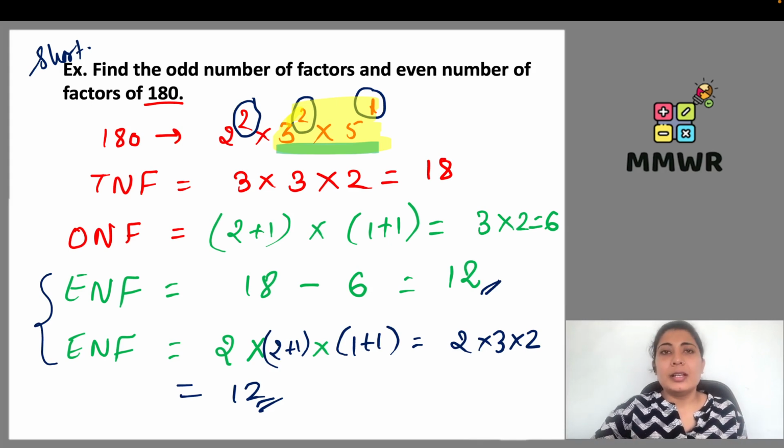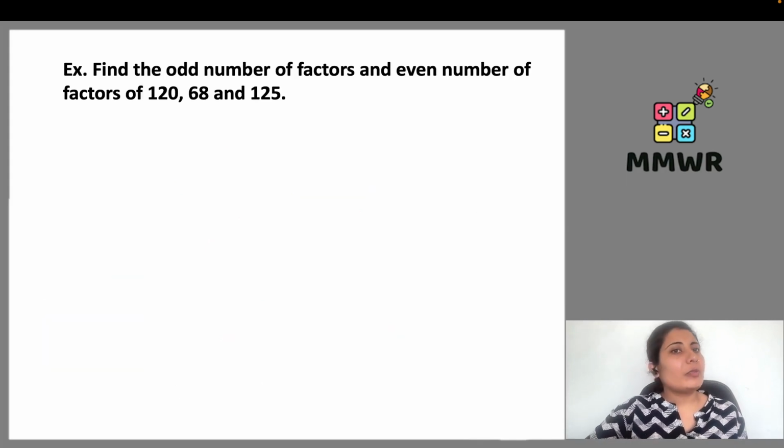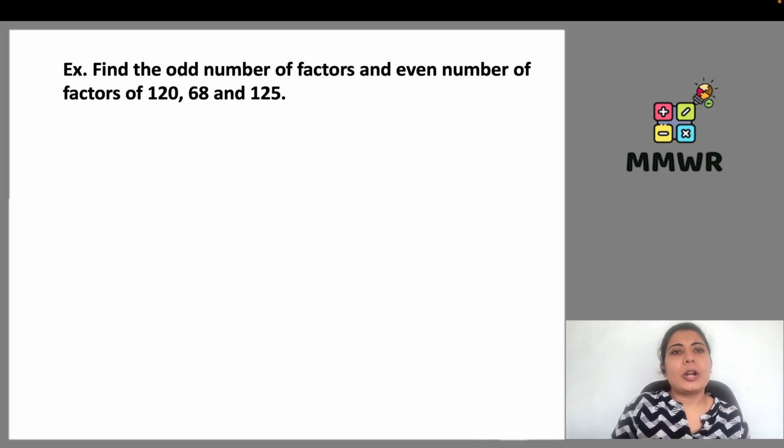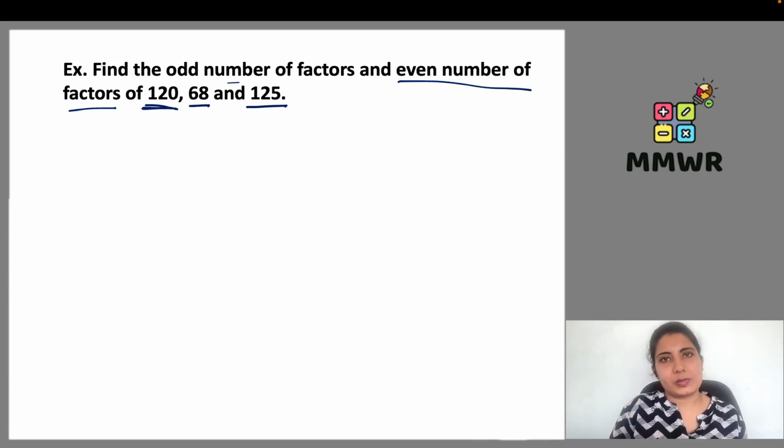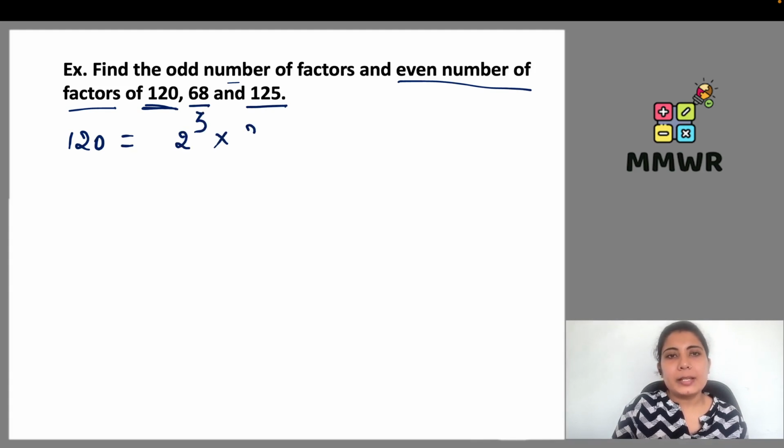That's it. Next example, which we have to apply: find the odd number of factors for 120, for 68 and 125. Even number of factors also, odd number of factors also. So 120 can be written as 2 to the power 3 multiply 3 to the power 1 multiply 5.